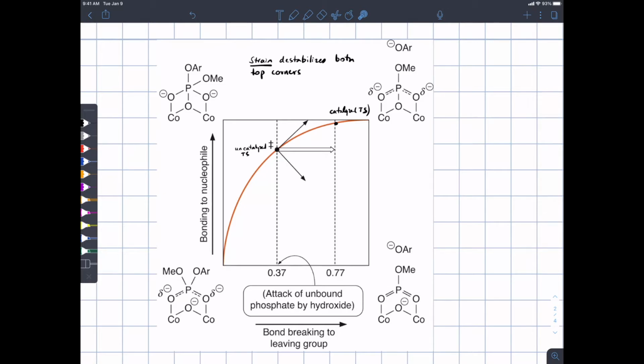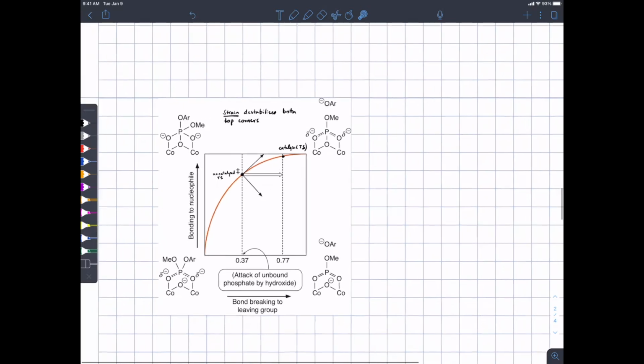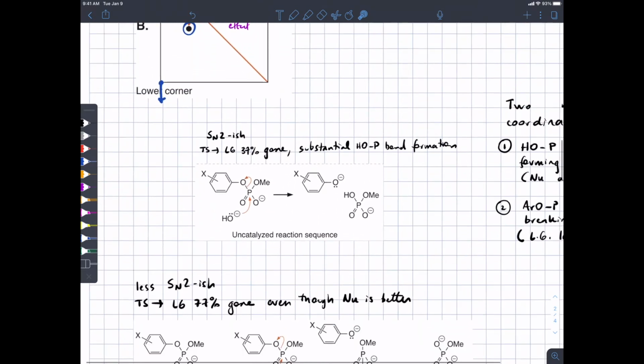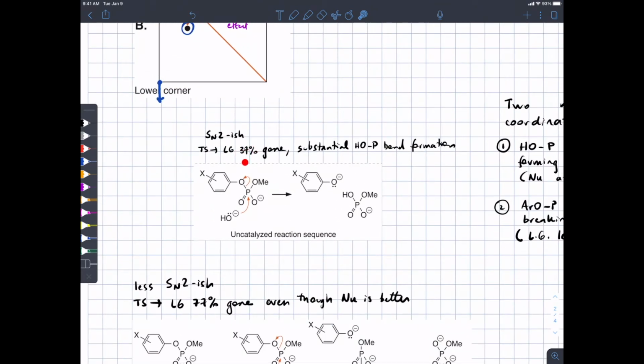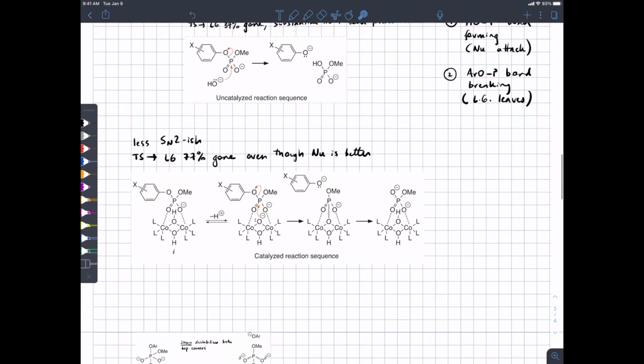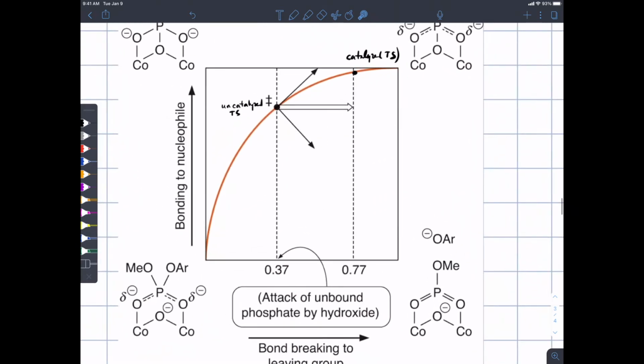One of the things they noticed in terms of the transition state for the catalyzed versus the uncatalyzed reaction, remember I told you for the uncatalyzed reaction, the leaving group was 37% gone, but there was still substantial nucleophile phosphorus bond formation. So that represents this dot. This is the uncatalyzed transition state.